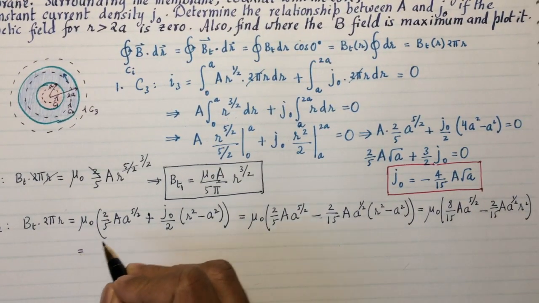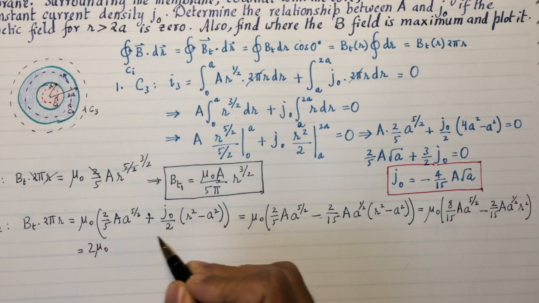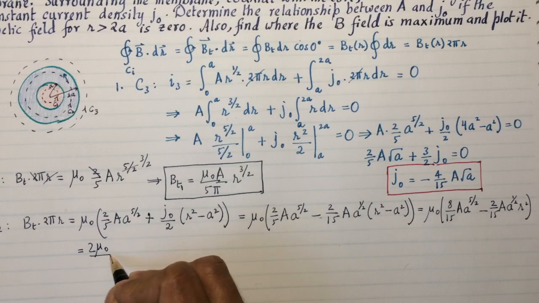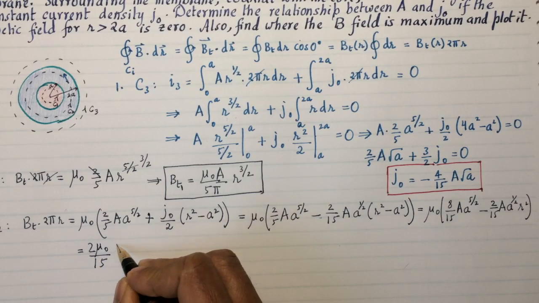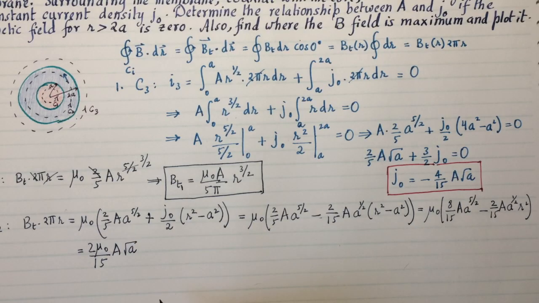Let me just simplify this a little more. I'll take whatever I can outside. So mu naught, I can take a 2 outside, I can take a 15 outside, capital A can be taken outside, and a square root of A can also be taken outside.